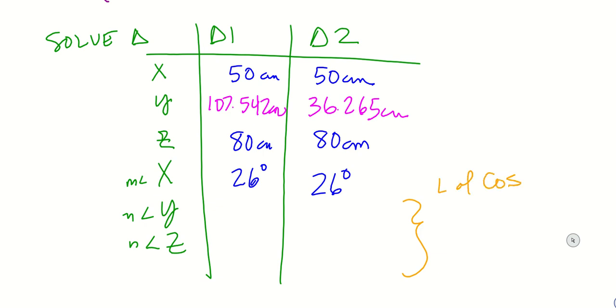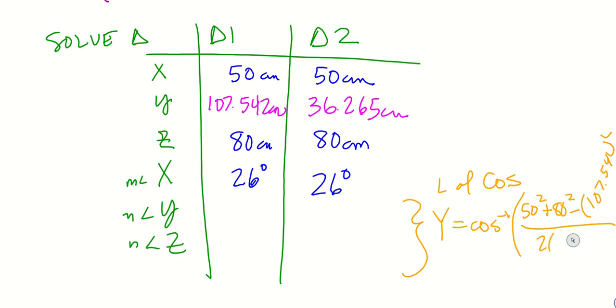I would get that angle y will equal the inverse cosine of 50 squared plus 80 squared minus 107.542 squared, sorry, and then I'll divide that by 2 times 50 times 80, and all of that goes into my inverse cosine.